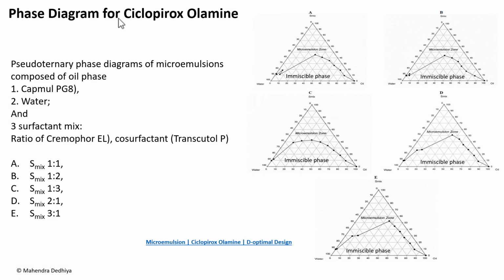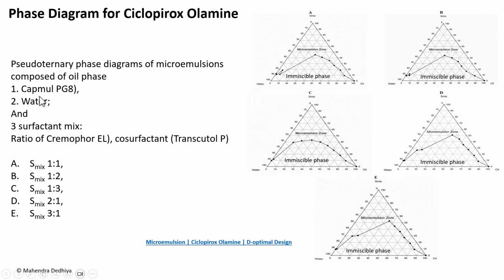Let's look at an example of a pharmaceutical emulsion. Ciclopirox is an antifungal drug, and it does not penetrate very well from a solution dosage form into the nail. The drug is used for nail fungus treatment.